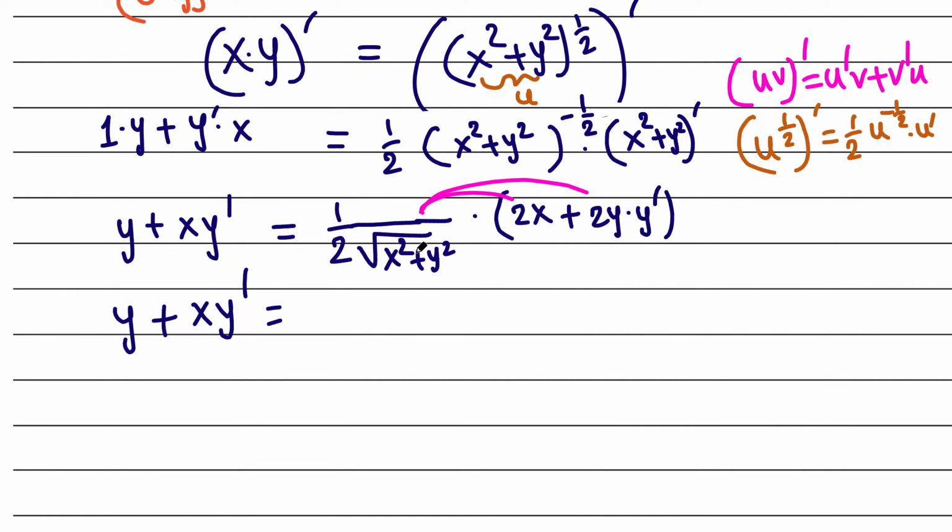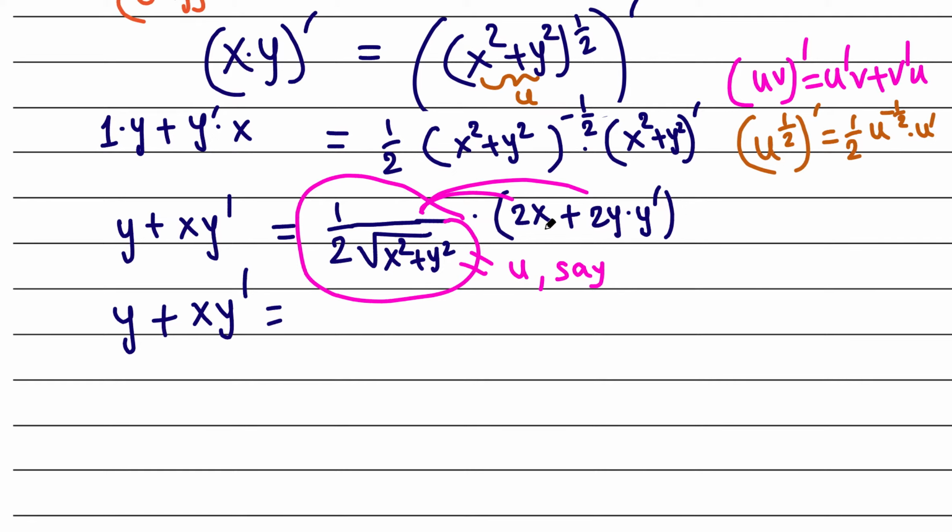This does not have any y prime. So for now, if you feel like it's a lot of writing, we can call this one u. Okay, that might help some people. You can keep writing, but this will help us simplify.